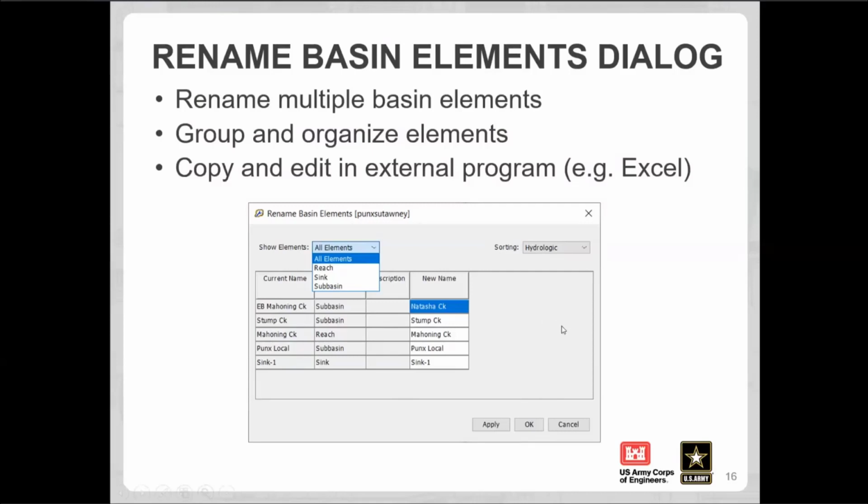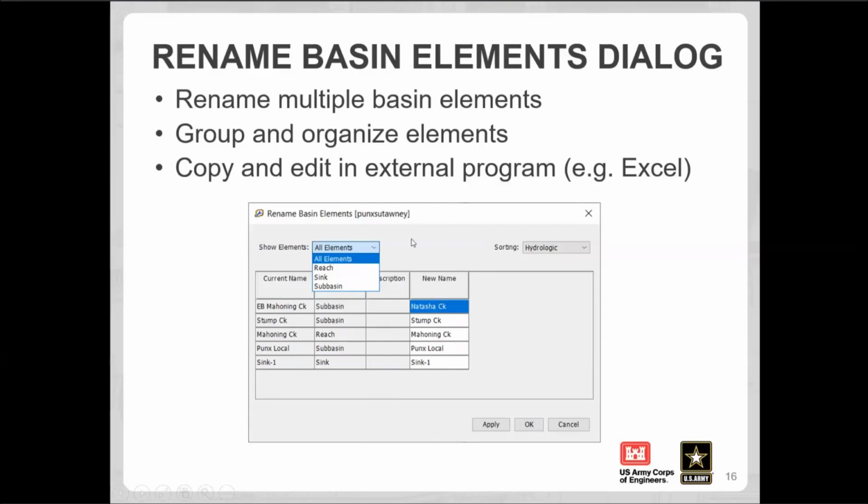So if a watershed was named after you and you want to update your model, you have a choice to do it individually for each element, a sub-basin, reach, or whatever, or you can copy the whole table to Excel and then just modify everything there and bring it back in.